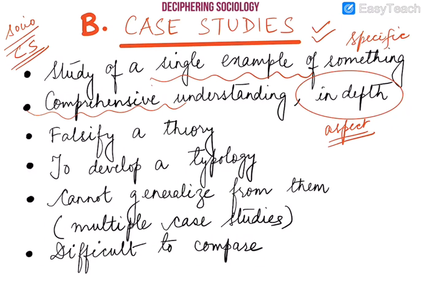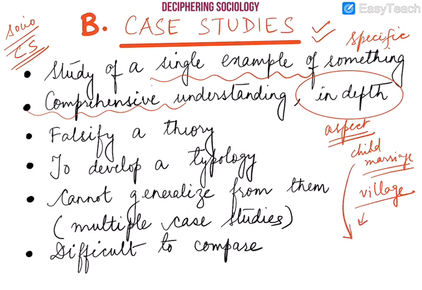For example, if I want to study about child marriage, then I will go to maybe a village, and there some village has child marriage every now and then. So I will take one particular case of one girl, let's say, who is to get married now, or maybe she got married recently. So I will take her case study.